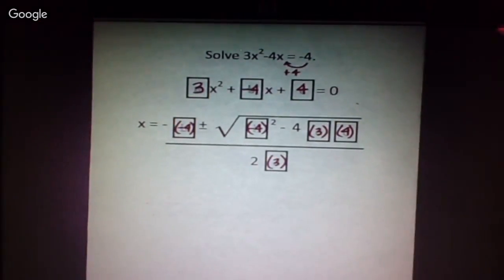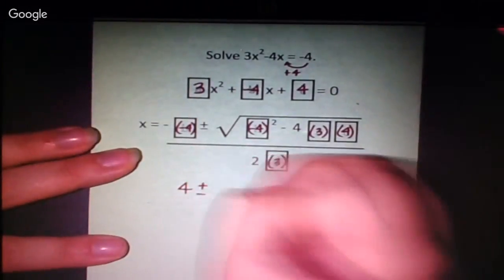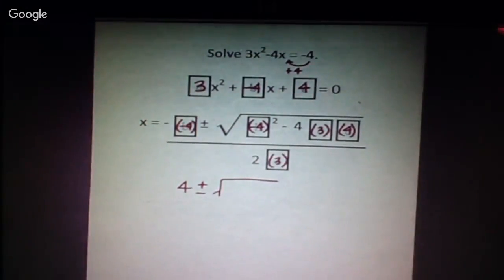My quadratic formula is negative b. So when I substitute in a negative b, that's a double negative, which becomes a positive. So this is actually a positive 4, plus or minus. I now need to figure out what number goes underneath this square root.